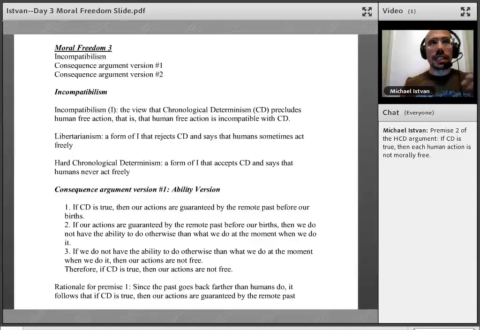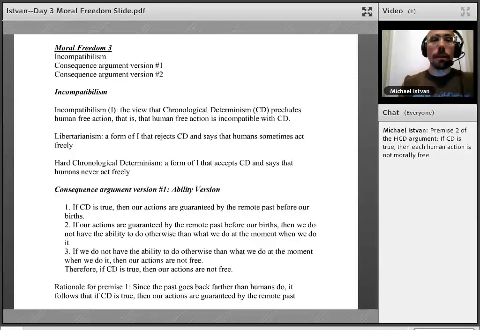So obviously, it's clear that incompatibilism accepts premise 2 of the HCD argument, whereas compatibilism rejects it. An incompatibilist is someone who says, if everything that I do was, for example, shot out of the remote past before I was born, I didn't do that freely. I didn't do that morally freely.